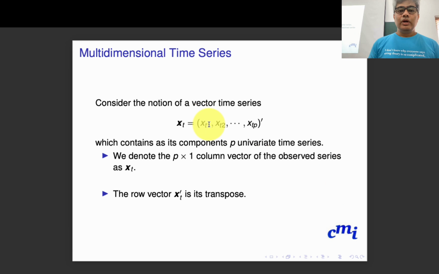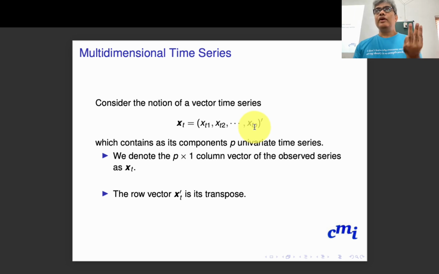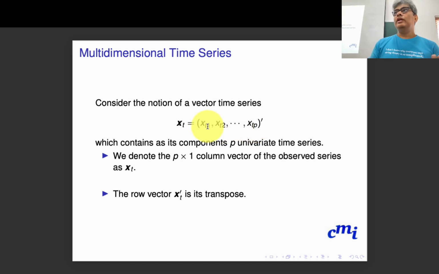So you have x1, x2, up to xp, p variables measured at time point t. Now t runs from 1 to n, obviously.